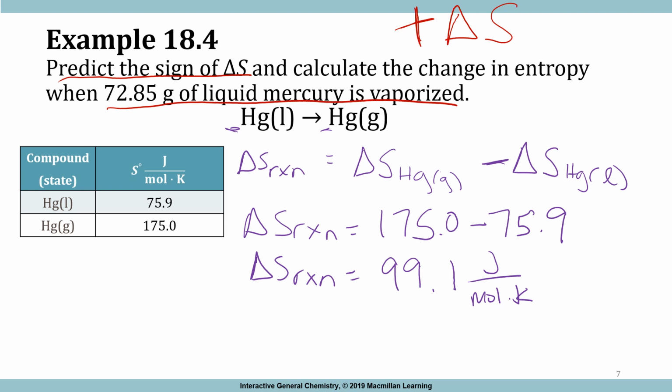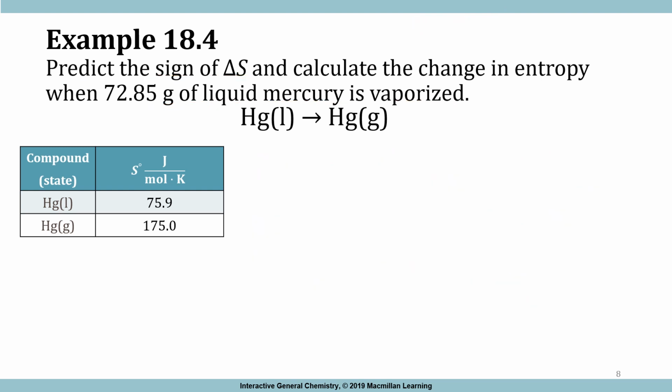So we're going to have to incorporate those grams somehow, and the way we're going to incorporate them is using the moles here on the bottom part of this equation. So if I'm starting out with 72.85 grams of mercury, we need to figure out a way to incorporate that with our equation, because we're looking for delta S once those grams are accounted for.